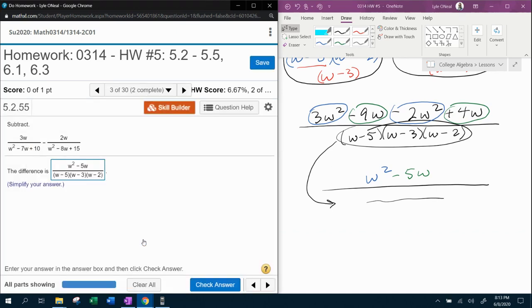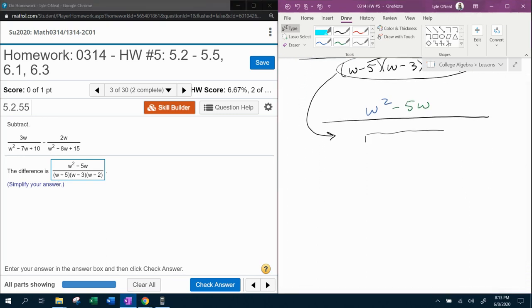Oh, yeah, I screwed something up. I wonder what I screwed up. W squared minus 5W, W minus 5, W minus 3, W minus 2. The difference is, and simplify. Oh, I didn't simplify my answer. OMG, I didn't simplify. All right, so let's scroll down and look at what I screwed up here.